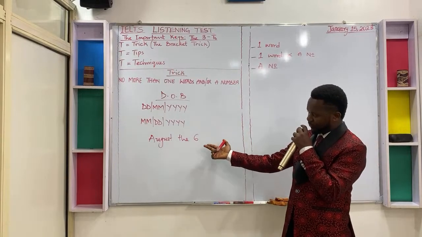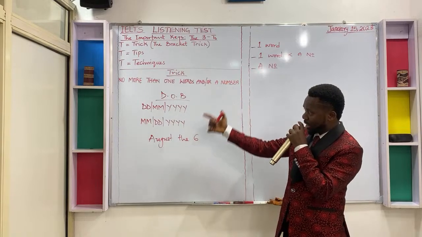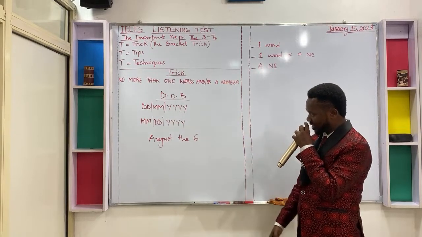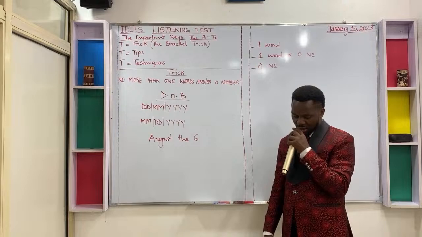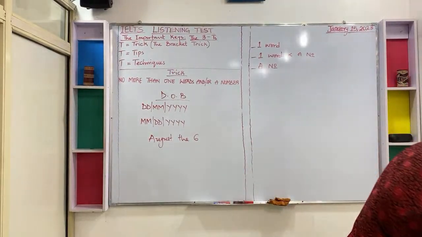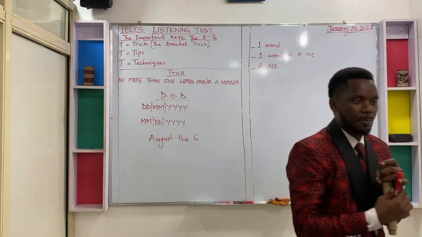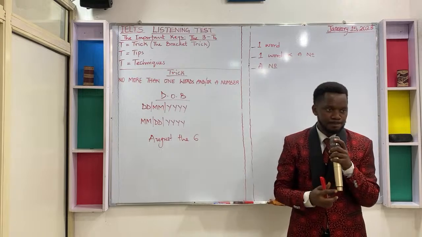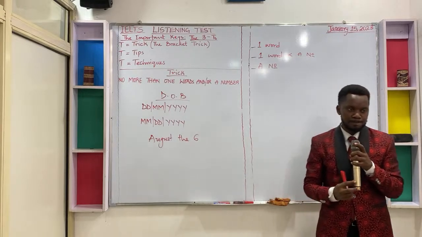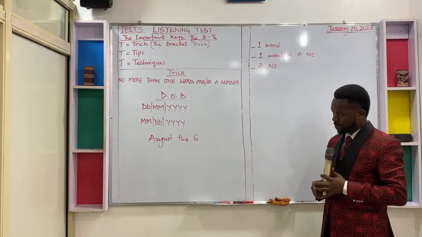Now, if you are treating a section that says no more than one word and or a number, and the audio has just given you August the 6th, is it correct or incorrect? You said the audio has given us August the 6th, right?